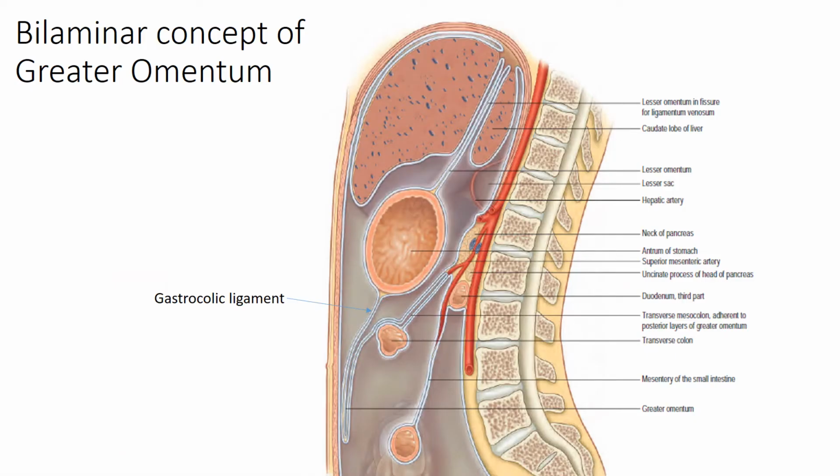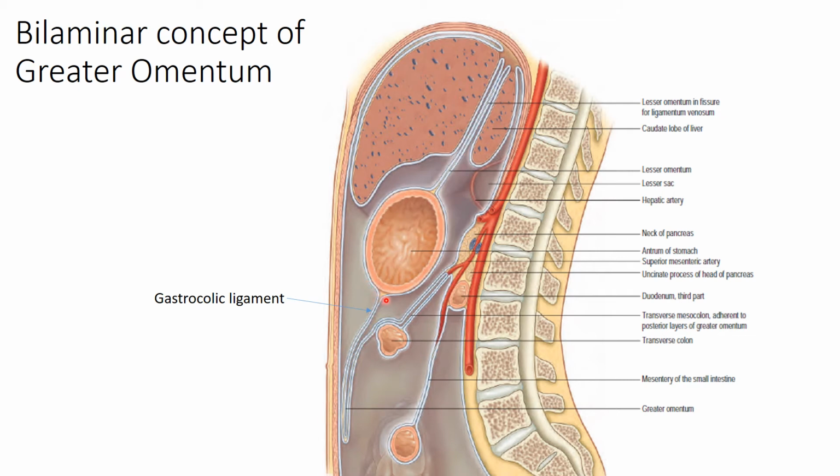So this bilaminar lesser omentum is split at the lesser curvature of the stomach to enclose the anterior and the posterior surfaces of the stomach as well as the first part of the duodenum.